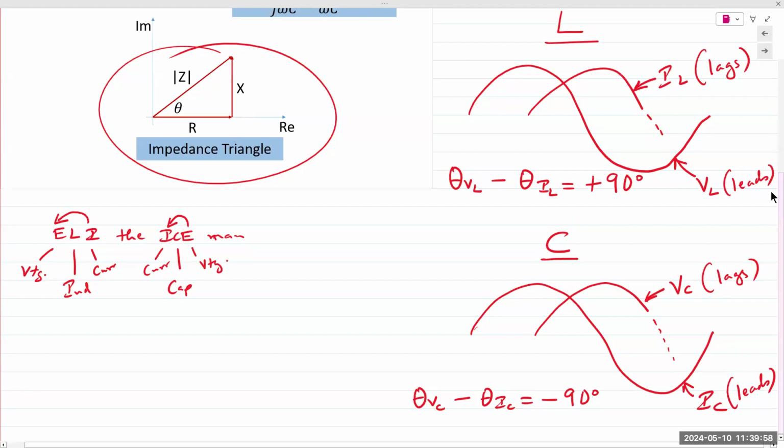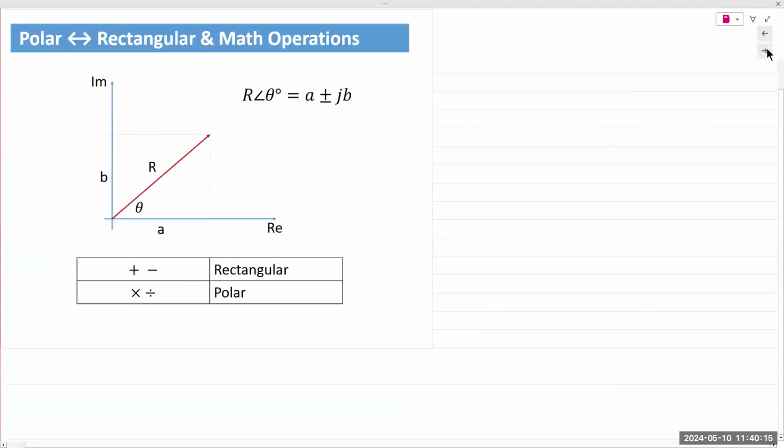Now, let's go to mathematical operation and I'll explain. At this point, I would like to remind all students that if you have not yet looked at the complex numbers worksheet, I pointed this out in the first week of class, if I remember correctly.